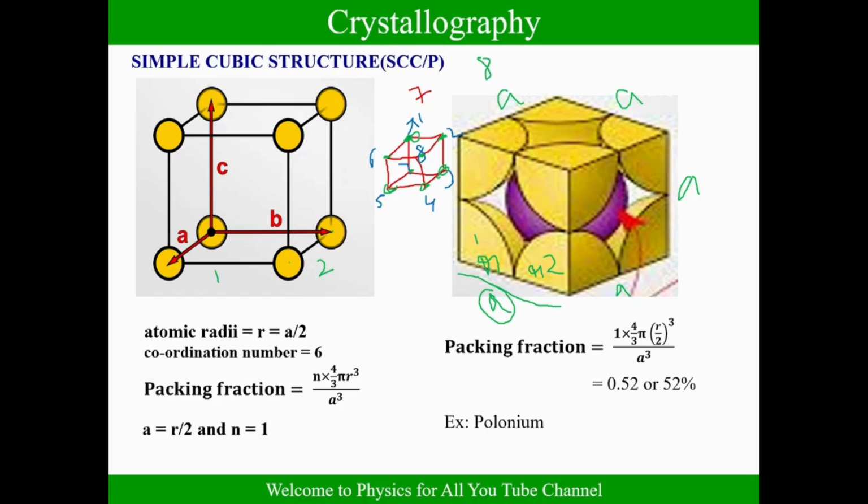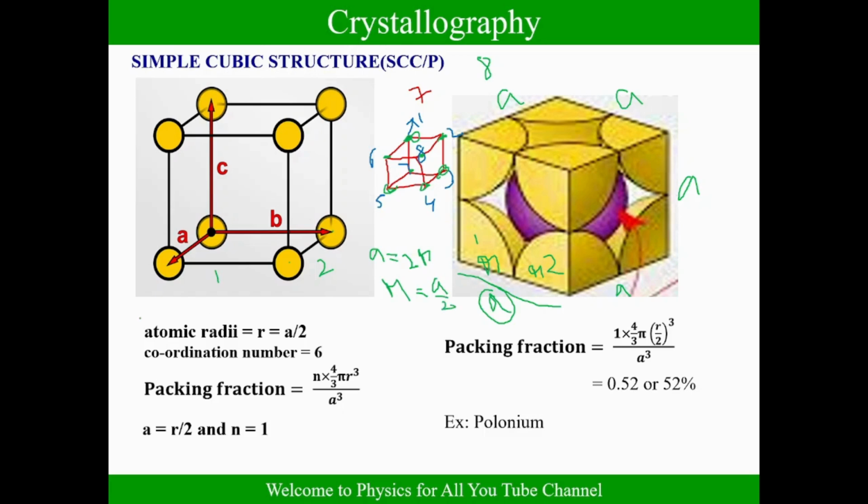So, the distance from the center of the first atom to the surface of the second atom is known as r. It is the other r. r plus r is equal to 2r. So, the nearest neighbor distance in simple cubic structure, a, is equal to r plus r, that is equal to 2r. Now, from this equation, we get r is equal to a divided by 2.